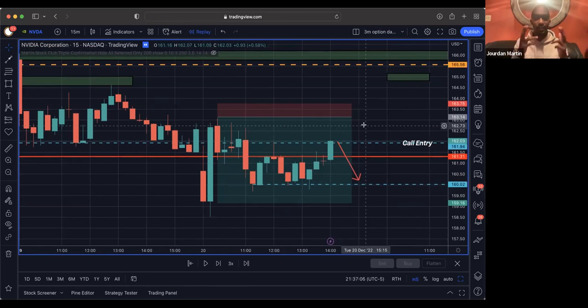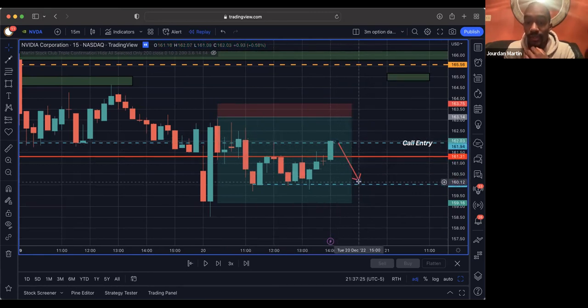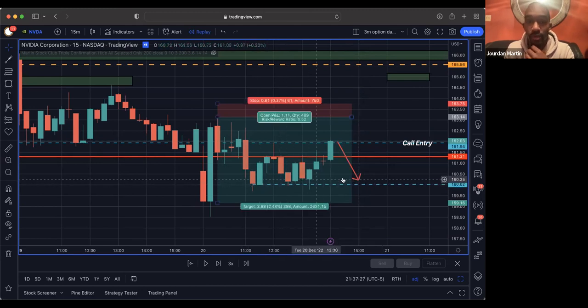You see how that probably made it a lot easier to understand how I was viewing that, even with the line there? Take the line away, and now you see, oh wow, we're tagging this resistance, and it looks like it's probably gonna come back down to the support.